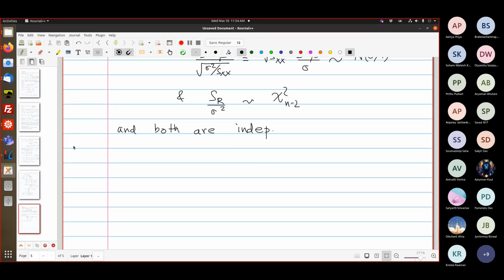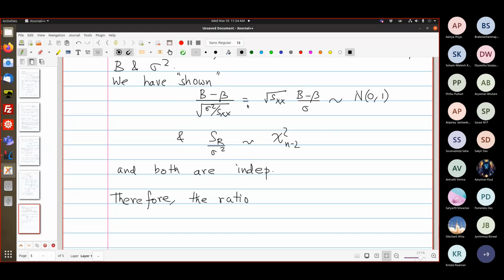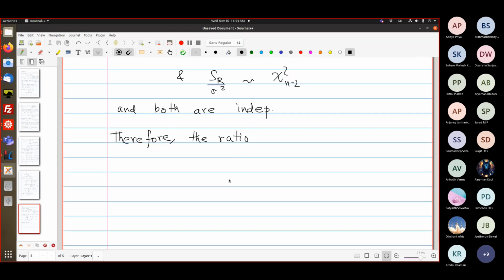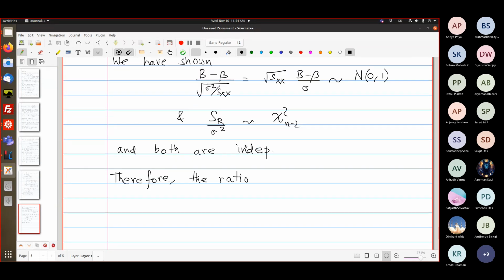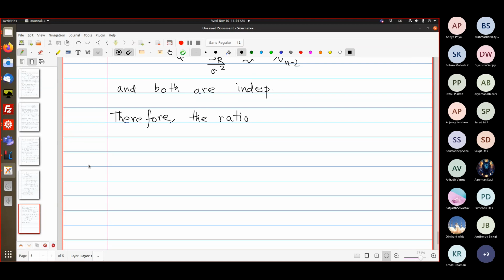So therefore, because of this independence, which I stated as a remark without proof, the ratio of this divided by square root of this divided by the number of degrees of freedom, which is n minus 2, will be a t random variable.